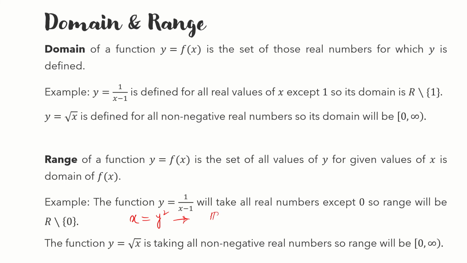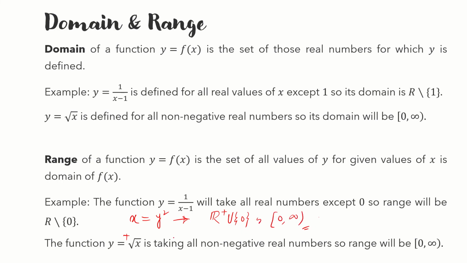So by using that concept, it means that the range will be all real numbers. But that's not right, because in this case we are given a positive square root. We are not considering negative values in this case. So therefore, the range of this function will be positive, including 0 as well, which could be written in the form 0 to infinity.